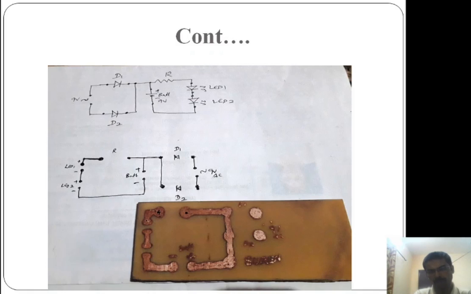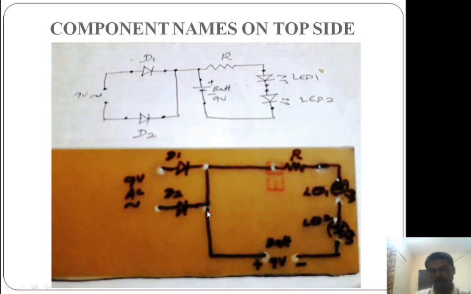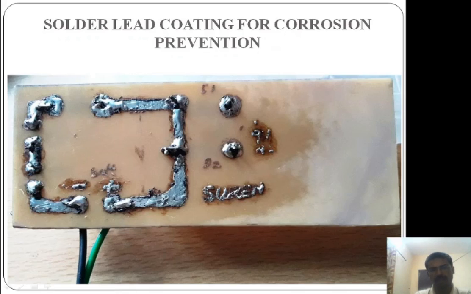To prevent this copper material from corrosion, you should use a solder mask. Solder masking is an automatic process and it is a hugely costly process. You cannot do it here manually. So what we are doing is applying the solder lead here. It will protect the copper from oxidizing. That is why it is applied like this.